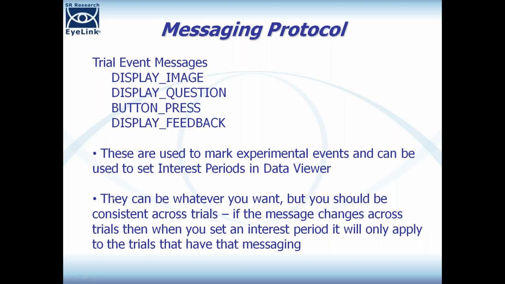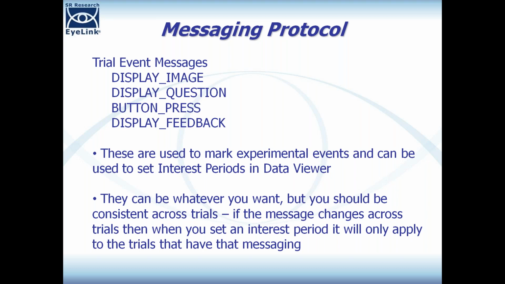One kind of rookie mistake that people make is sometimes they try to put condition information or independent variable values as the event marking messages. And that's not really what we want to do, because then when you set the interest period, it would only apply to the trials that match that particular condition information.